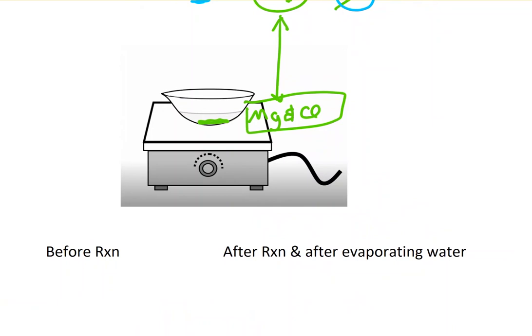So let's just summarize what is in the dish. To start with, you have an empty evaporating dish, and you'll have a watch glass, but anyway, it's empty. You have the mass of that. Then you'll have the mass of it with some metal inside.